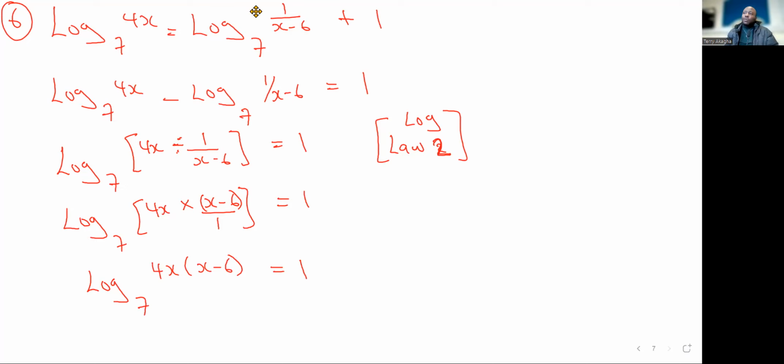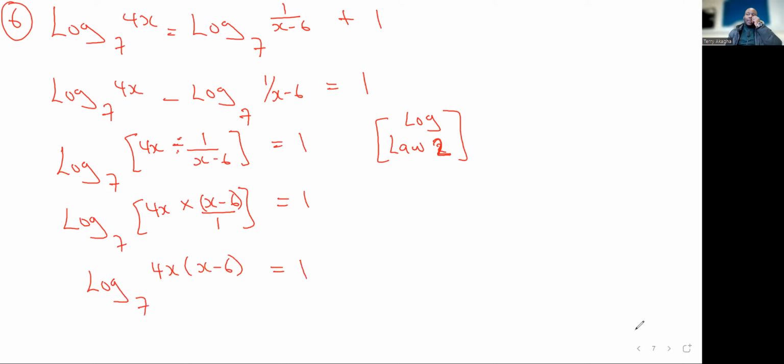So the reason why I went through this stage is because I want to apply law 13, the index to logarithm law here. So I'm going to go to a new page. What we had there was log 7 of 4x, x minus 6 equal to 1.